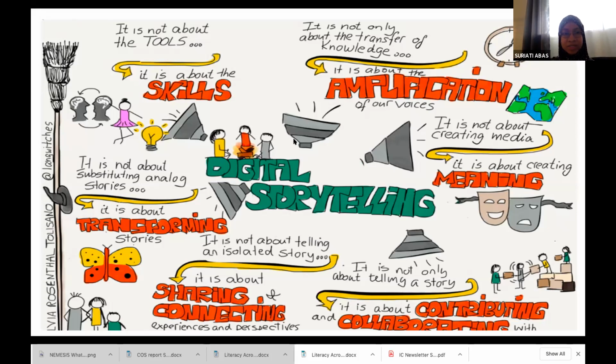As you can see in these visual sketch notes, digital storytelling is not about creating media, but about creating meaning. It is also a way in which you can use stories to contribute and collaborate with one another.